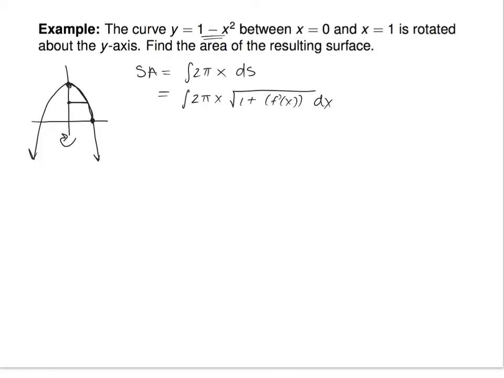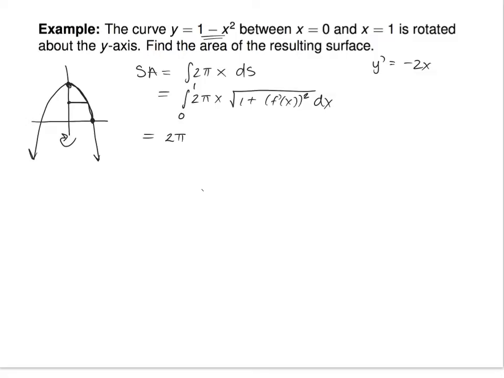And if that's the case, can you put your bounds on? What are they going to be? 0 to 1. And then what is f prime of x? Negative 2x.